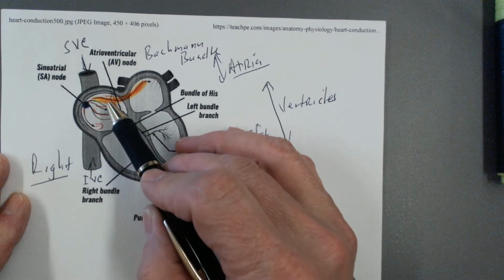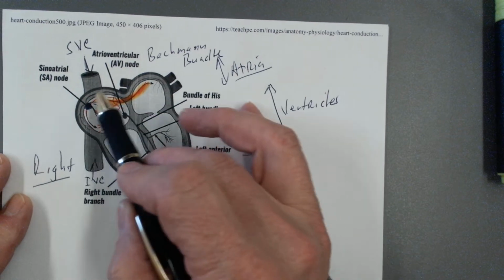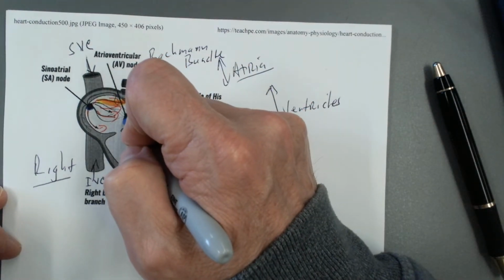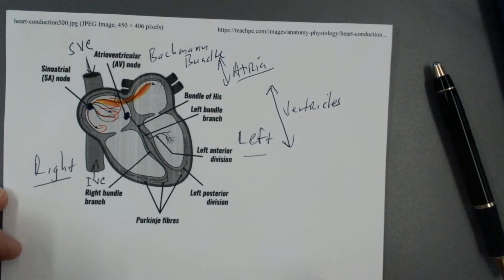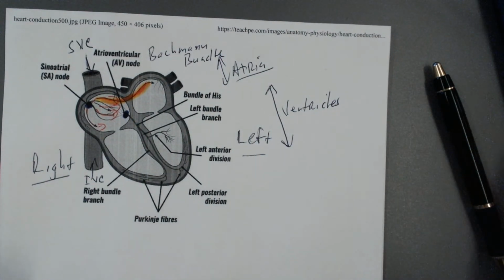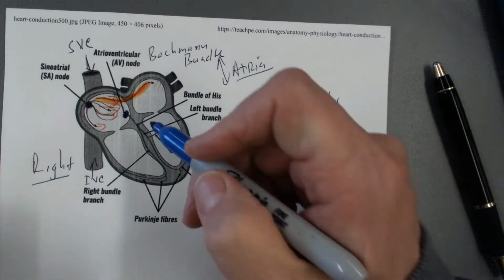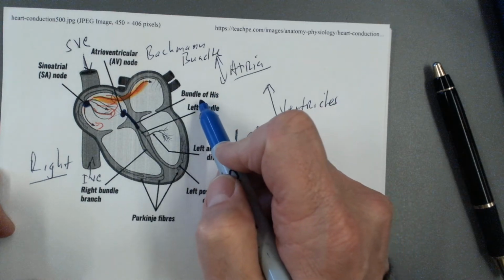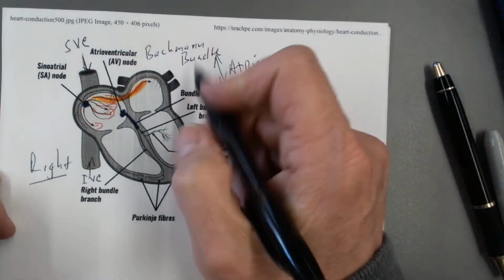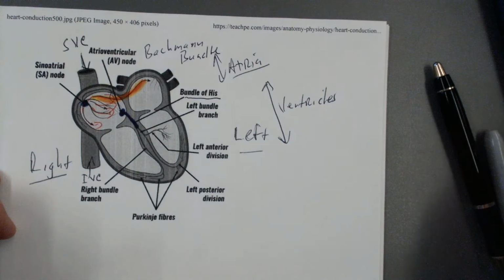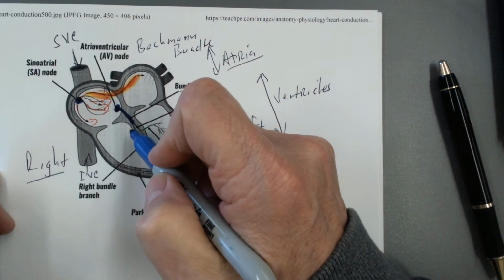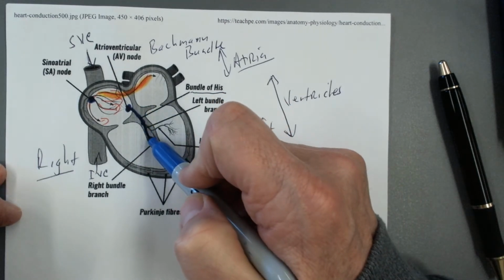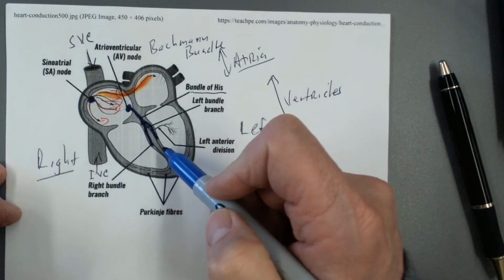Once the signal gets down to the bottom of your right atrium, it will be picked up by the atrioventricular node. From there, it will move through the septum. This is your bundle of His. And then move through two different branches, a left and a right bundle branch.